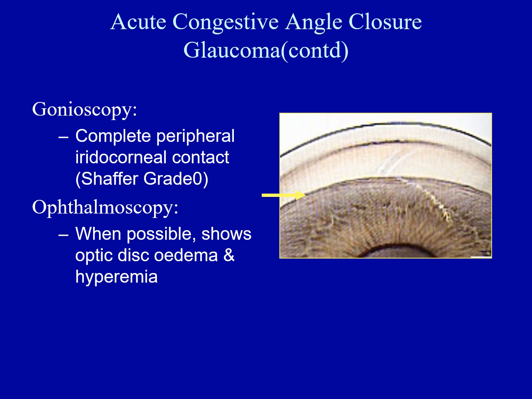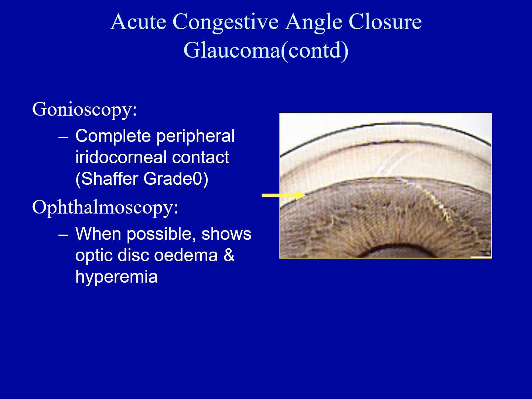So in case of acute congestive glaucoma, gonioscopy is not possible as the cornea is hazy, but if you clear the cornea with 50% glycerine to some extent, you can appreciate a little bit of the angle of the anterior chamber. There you will see complete peripheral iridocorneal contact, Shaffer grade 0.